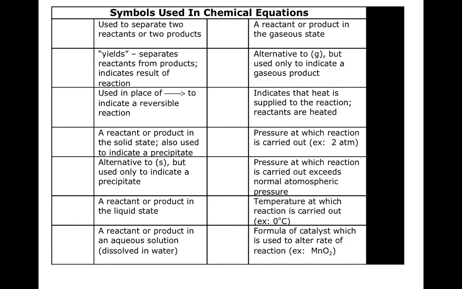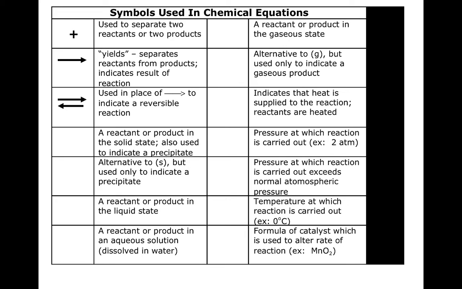In a chemical reaction, there are a lot of different symbols that can be used. We're going to use a plus sign to separate two or more reactants or two or more products. Between the reactants and the products, you'll see what's called the yield sign, or an arrow. If a reaction is considered reversible, then you'll see a double arrow.